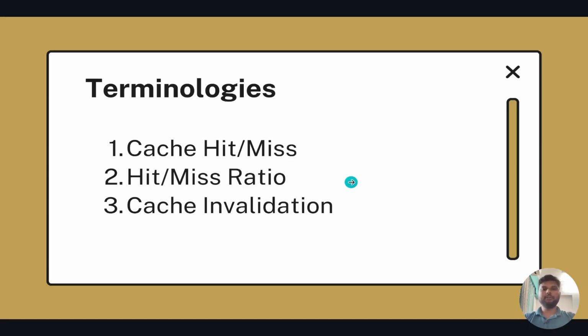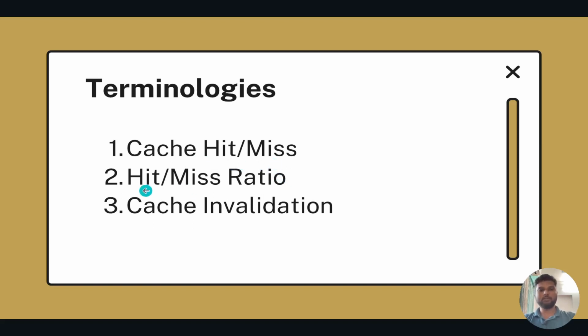Okay, so hope you are clear with this architectural change. Now there are certain terminologies that you need to understand to use caching. The first terminology is cache hit or cache miss. Suppose you are making a request to the server and the server is trying to find that particular piece of content in your cache. If the server finds the content in the cache, it's called a cache hit. If the server doesn't find that content in the cache, it's called a cache miss. Simple.